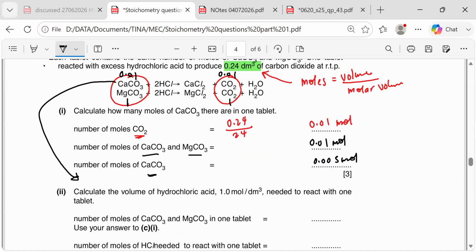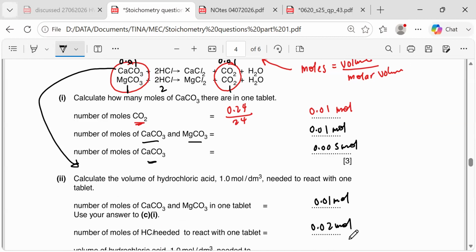Okay. The number of moles of calcium carbonate and magnesium carbonate there is 0.01. So the number of moles of hydrochloric acid, what's the ratio? 1 to 2. So 0.02. Get it?